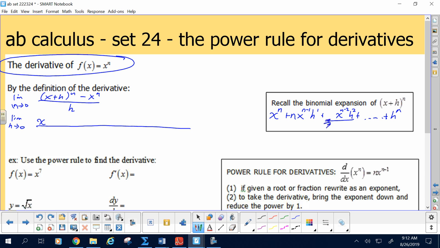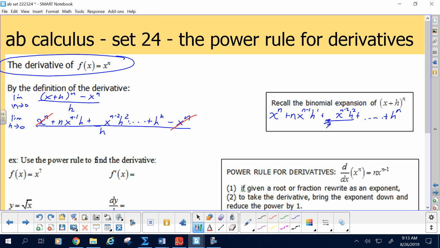It's x to the n plus n x to the n minus 1 h plus something x to the n minus 2 h squared. Continue on through h to the n, okay? After that we've done expanding, we still have to subtract x to the n and divide by h, okay? Now each time, remind me again what happened? What's the first thing that happened?